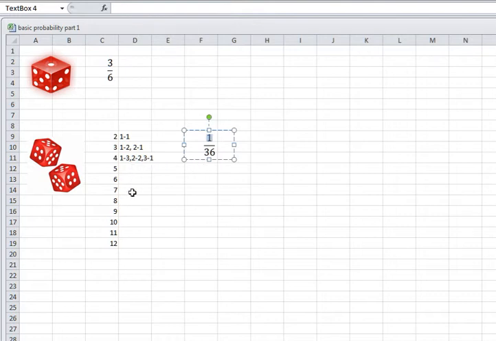When you get on down here, there's 1, 6, there's a 2, 5, there's a 3, 4, there's a 4, 3, there's a 5, 2, and there is a 6, 1 as ways of getting a 7. So when you count all that up, which gets a 7, we would have 6 out of 36.